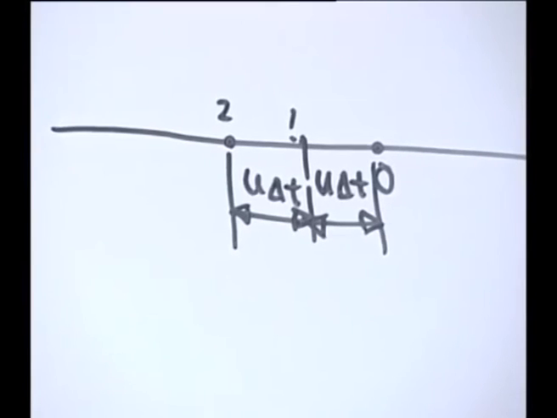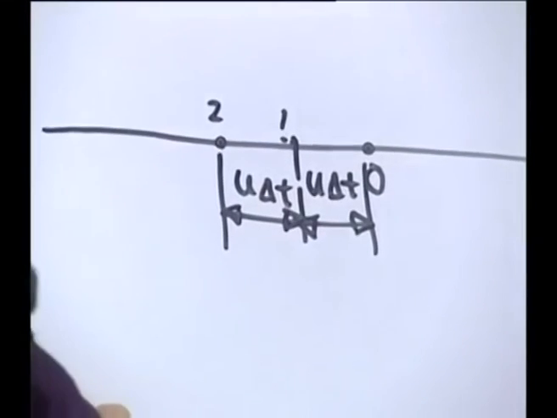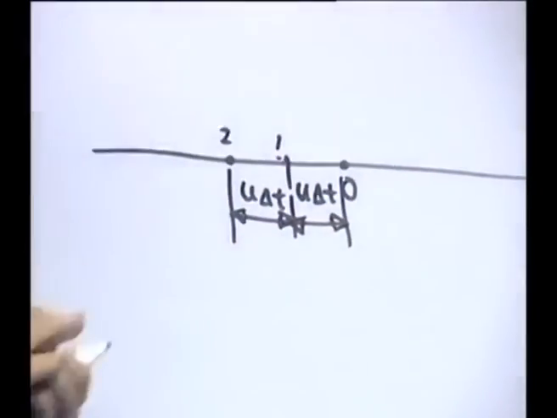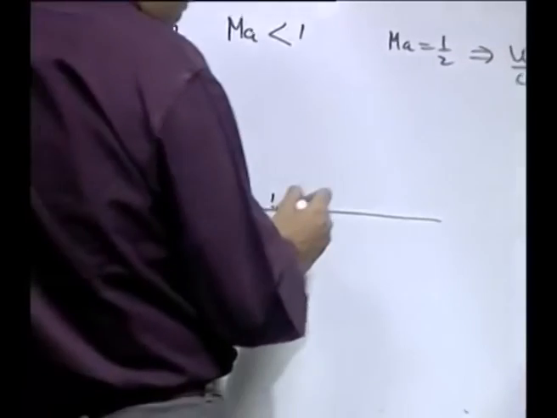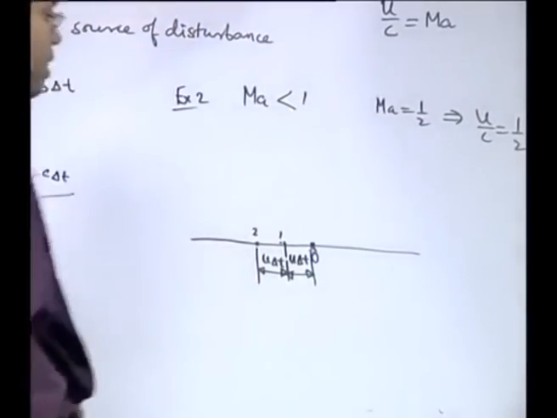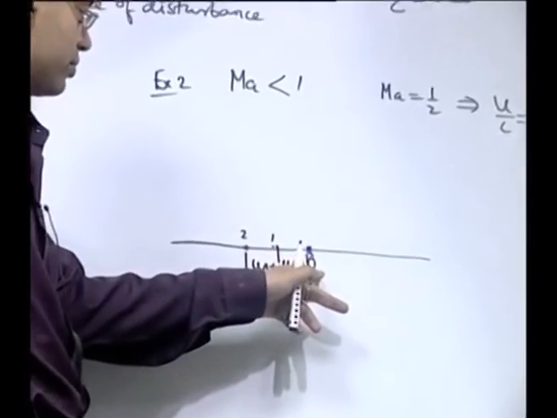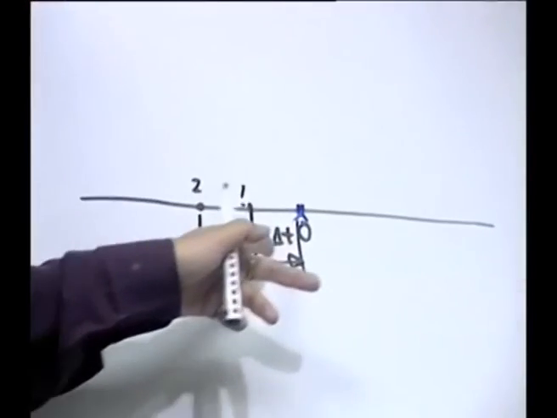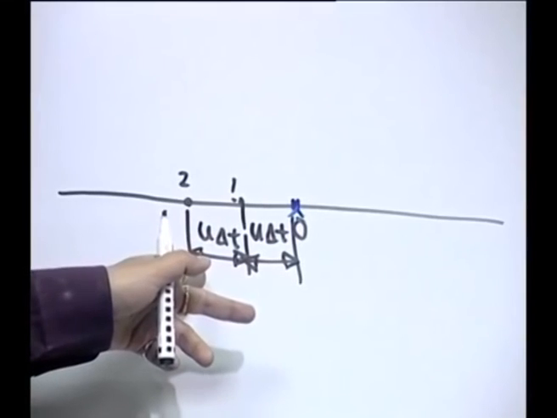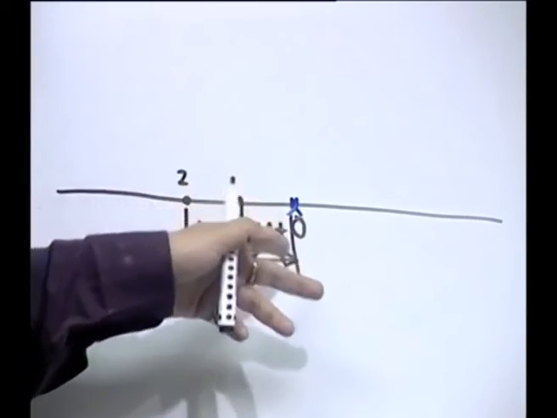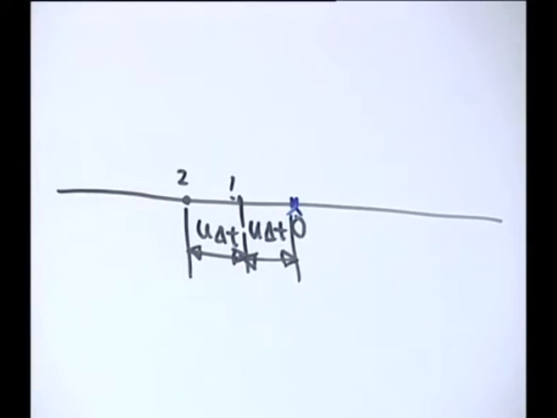Now by this time what happens to the emission waves? So if you consider for example a point centered at 0, so by the time the source has come by a distance of 2u into delta t, how far the disturbance wave have propagated?